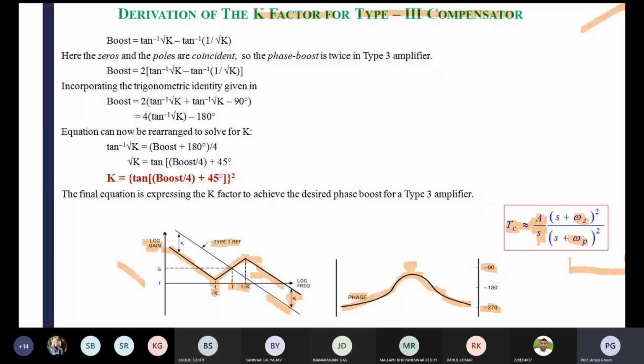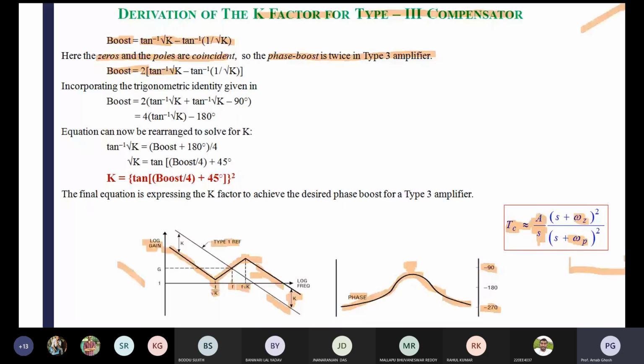Here the zeros and the poles coincide with each other, so the phase boost is twice in your type 3 compensator. So the boost is equal to 2 tan inverse root k minus tan inverse 1 by root k.